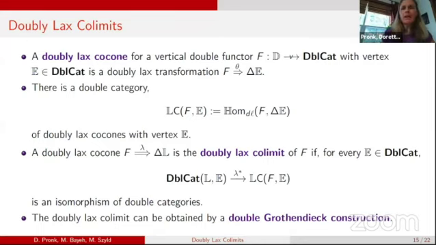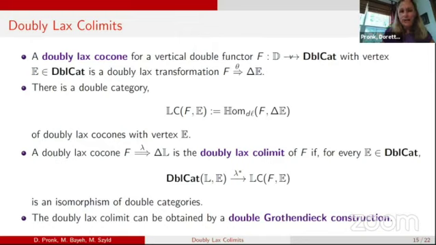If I now wonder whether a particular lax cocone would be the doubly lax colimit, I can use the standard way of defining the universal property: if I take a functor from my proposed colimit to another double category E, I can compose that functor with the cocone to get a new cone with E as its vertex.